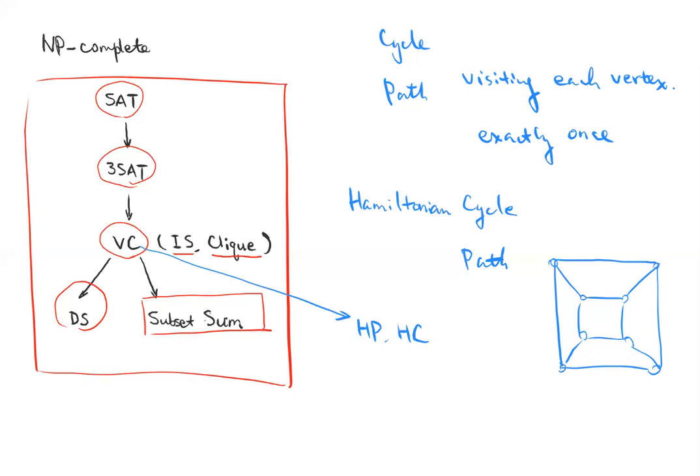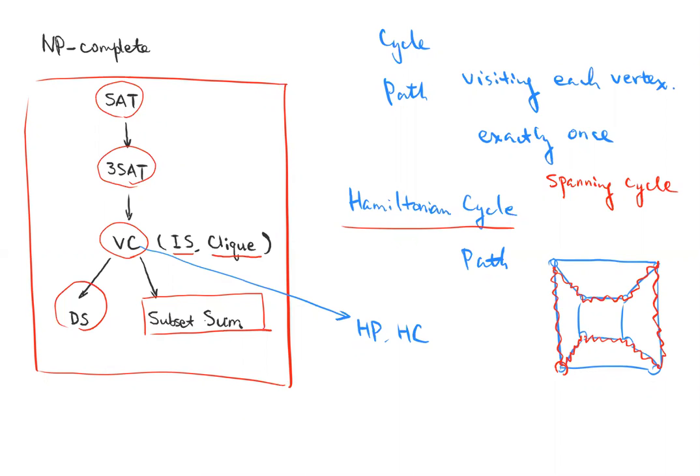All right. So this one has a Hamiltonian cycle. You can start at this vertex, visit each vertex exactly once, and come back to the starting vertex. So that's a Hamiltonian cycle. Or if you don't like this definition, you can say a spanning cycle, a cycle containing every vertex. All right.